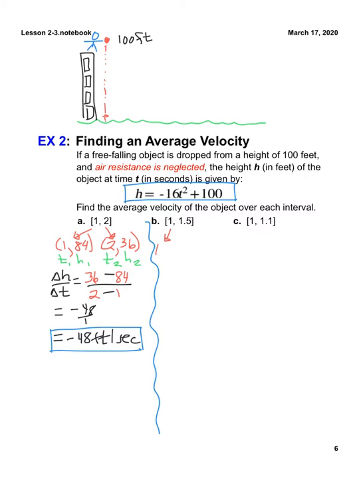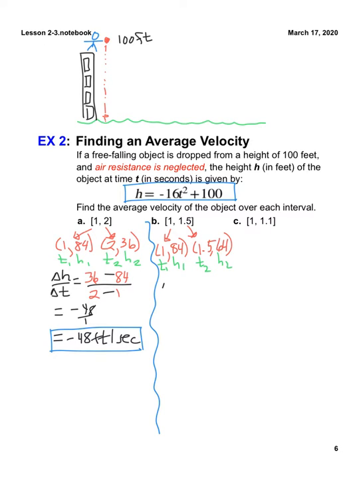So at a time of 1, plug this into your function right here, and you will get a y value of 84. We did that before in the last interval. And then here, if you put 1.5 into the function, you will get 64. And so this becomes our t sub 1, h sub 1, t sub 2, and h sub 2.